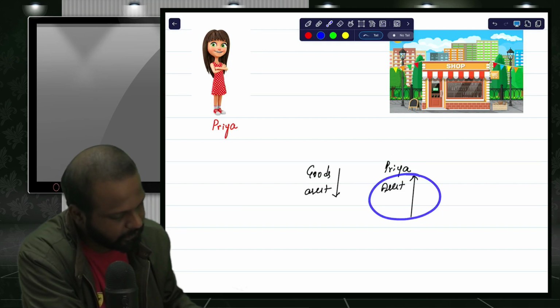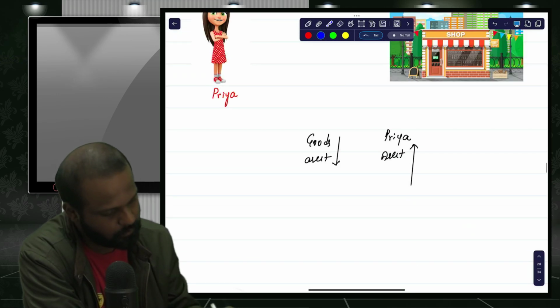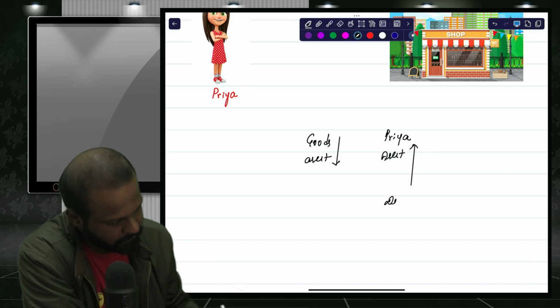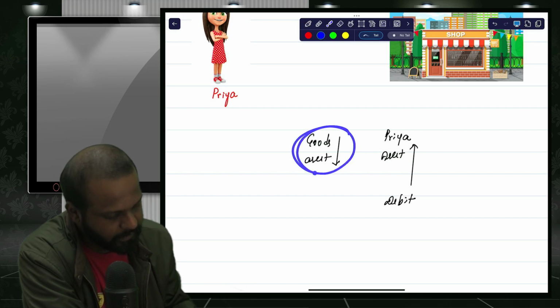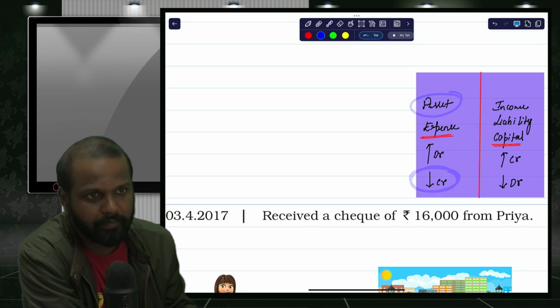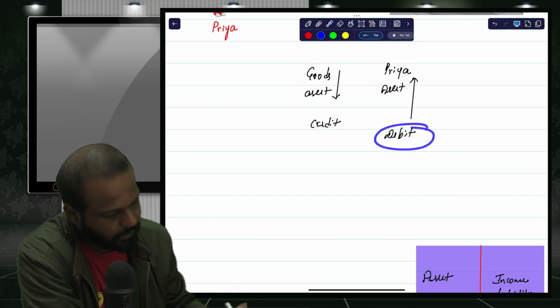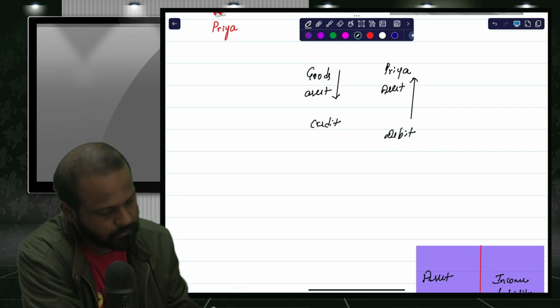So asset increases, we do debit. Asset decreases, we do credit. So debit will be Priya and credit will be goods.